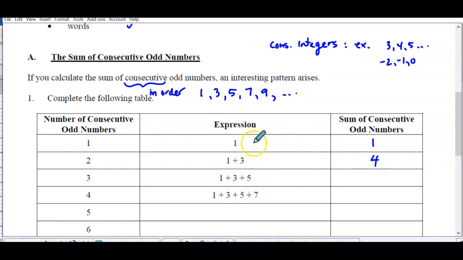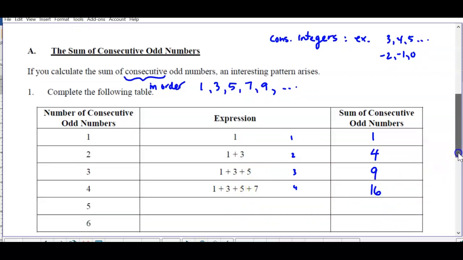So you can see there's 1 here, 2 here, 3, 4. That's the number of odd numbers, not the actual value of them. Then if we add 3 consecutive, that is 9. 4 consecutive: basically it's the previous plus the next consecutive odd, so that's 16.